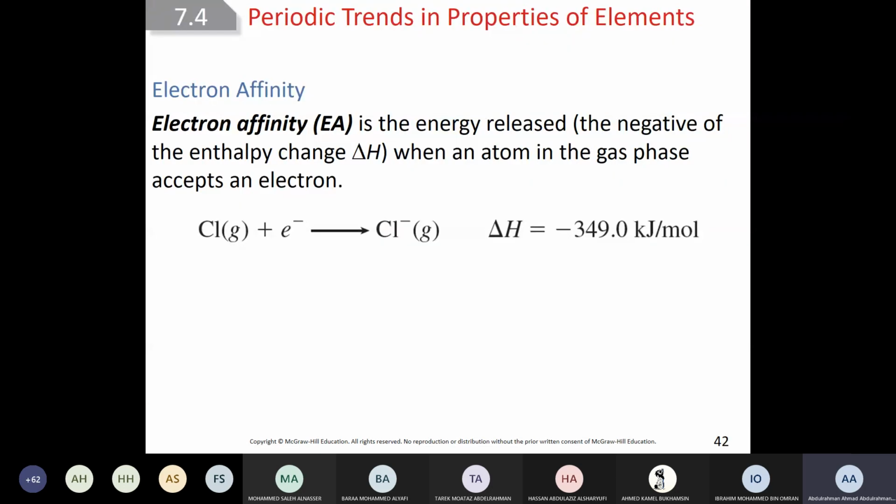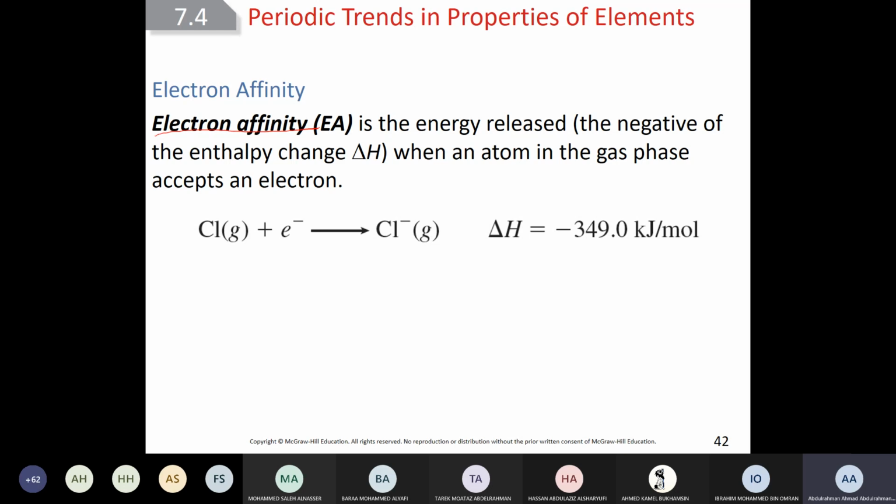Good. Okay, next. The second subject that we're going to talk about is called electron affinity. Electron affinity is the same as ionization energy, but reverse.